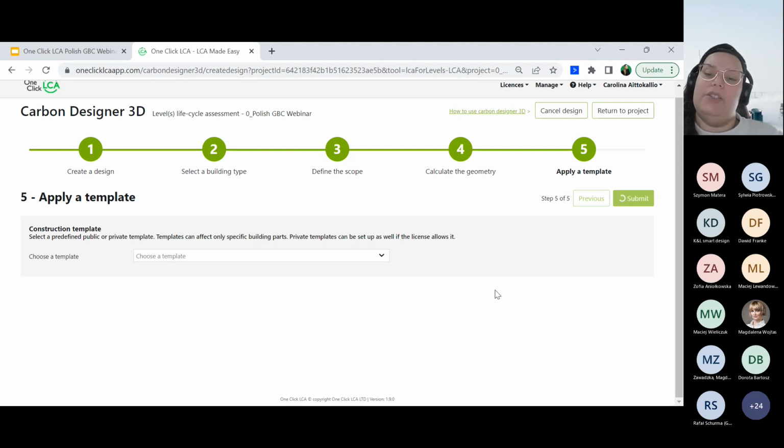And this would be the stage in which the software will be choosing the materials and assigning them from our database to this building based on the information that I have inputted during this process in the Carbon Designer 3D. So once we have the results, we'll be able to evaluate where we can locate the most emissions in this design.